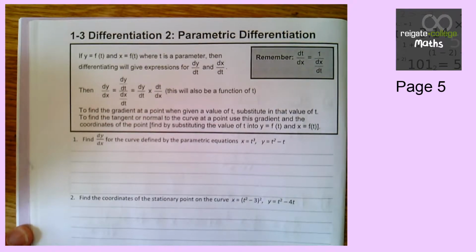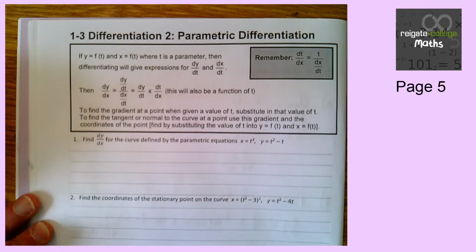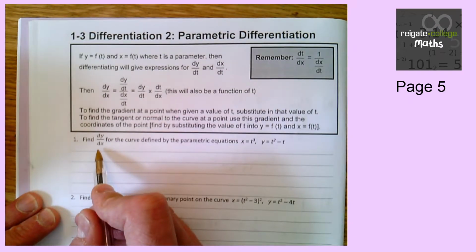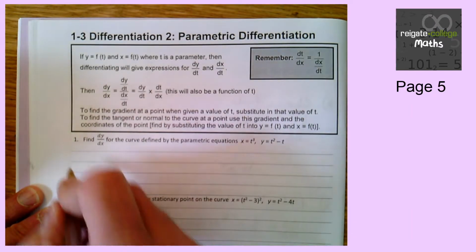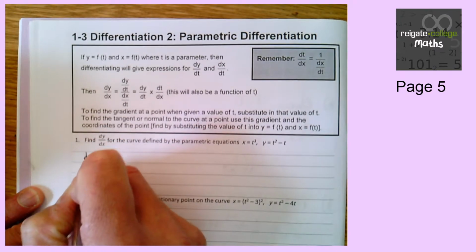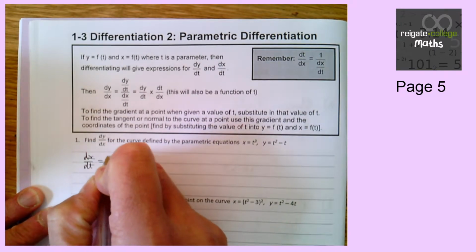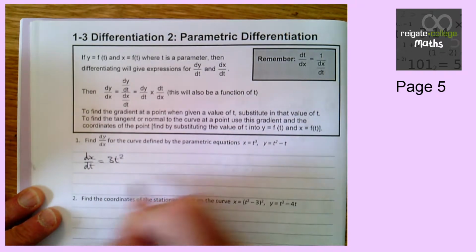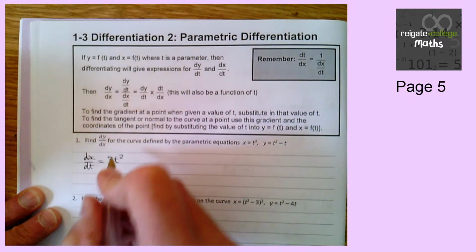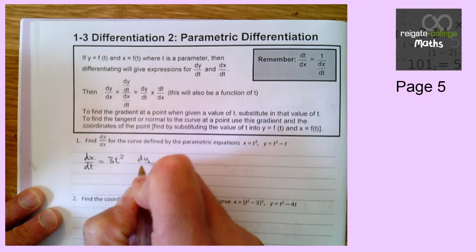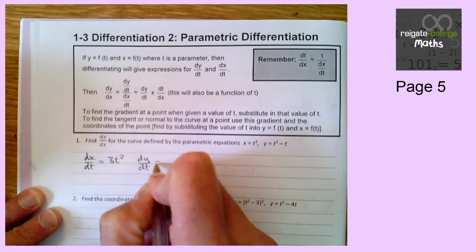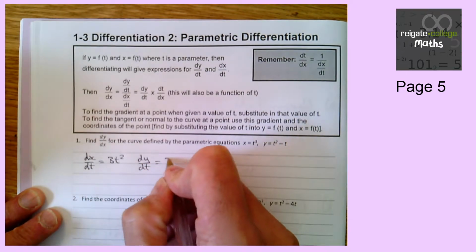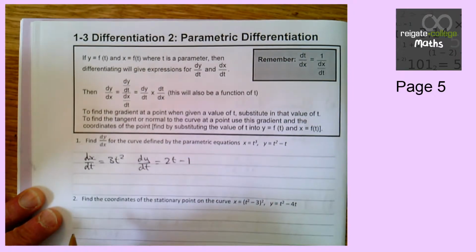So let's now look at the examples on page 5 of the course workbook. So here we've got x equals t cubed, so dx by dt is equal to 3t squared. y is equal to t squared minus t, so dy by dt is equal to 2t minus 1.